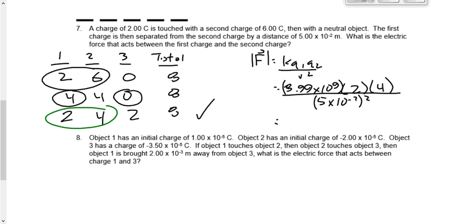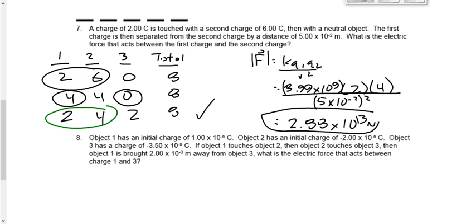My suggestion, again, is always use that for scientific notation, but especially on the bottom, like in this case. We get a force here of 2.88 times 10 to the 13 when we do that math. So pretty big force, 10 to the 13 newtons.